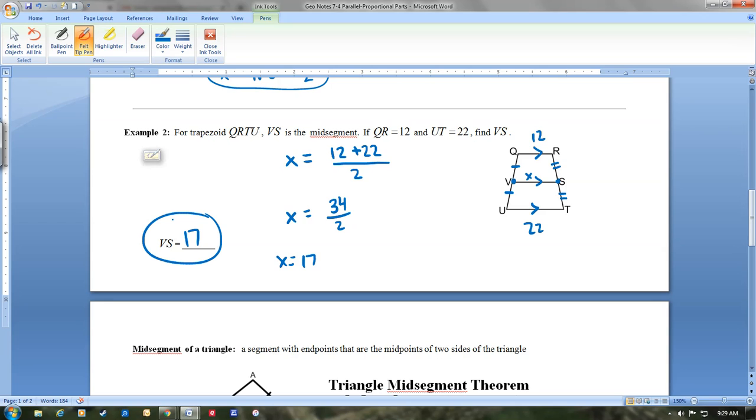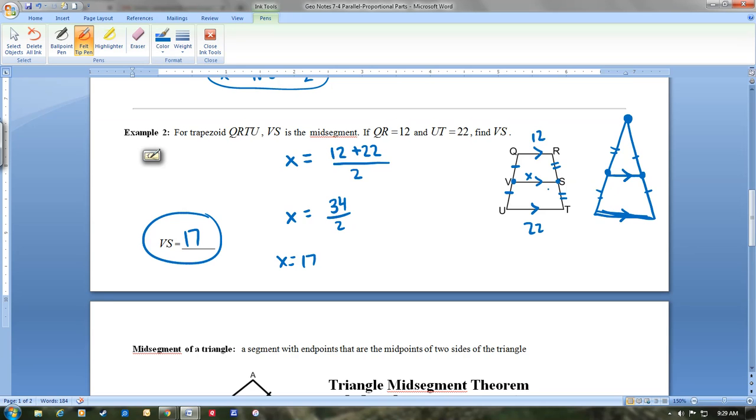Now, why did I put this in here? Because when you have a midsegment of a triangle, it works in the same way. If I have a midpoint here and a midpoint here, and I draw in that midsegment, it is also parallel to the base, and its length is the average of this length, which is 0, and this length.